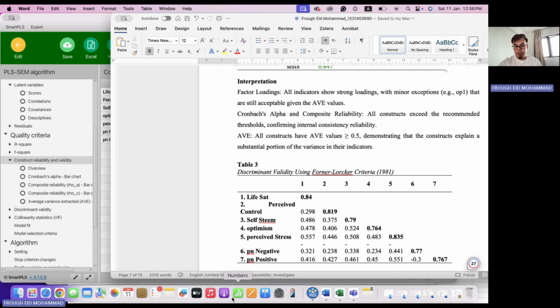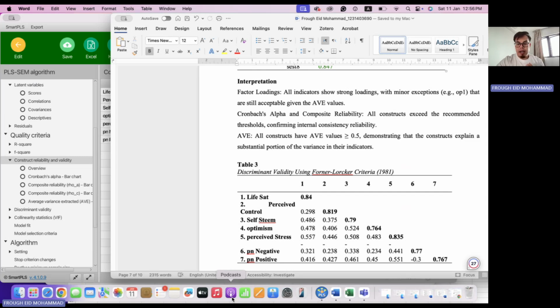The next one is discriminant validity, which I should do through cross-loading and HTMT. Why do I need to do the discriminant validity? Because I should see how the constructs are distinct, meaning different from each other, not overlapped.